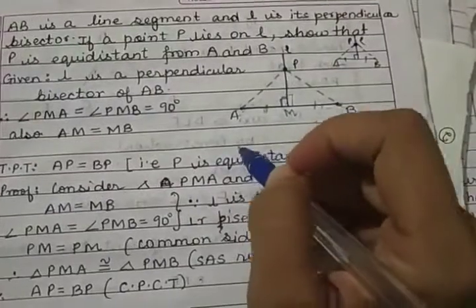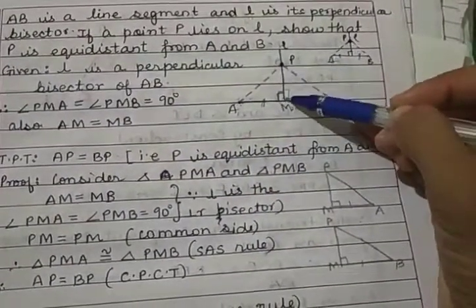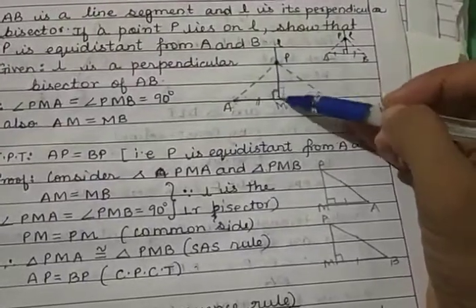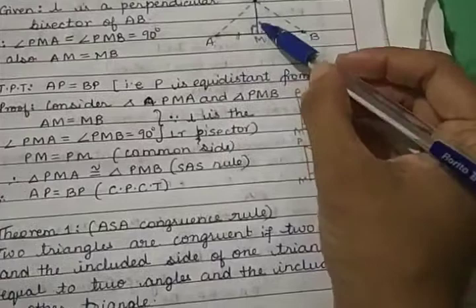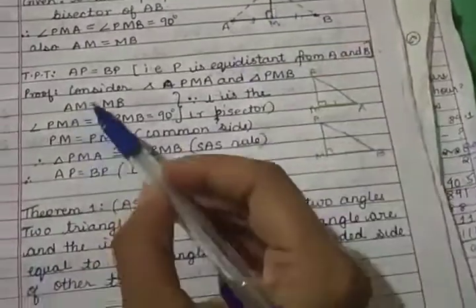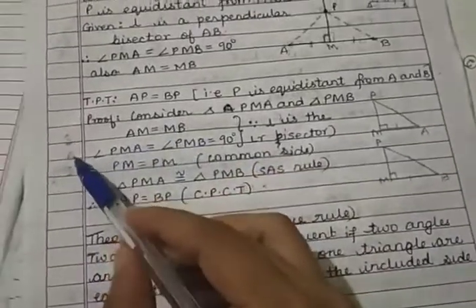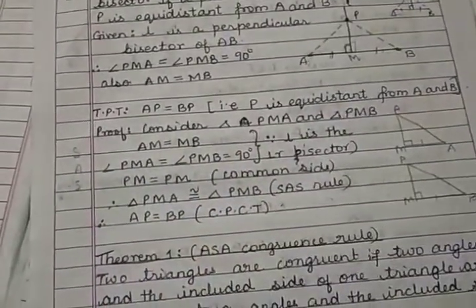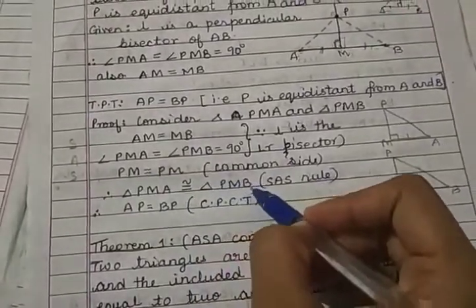Which will be the third condition? This is a side. PM is a side which is common to both triangles, so PM is equal to PM because it is a common side. So we have got now three conditions, which is SAS. So I can say that triangle PMA is congruent to triangle PMB.